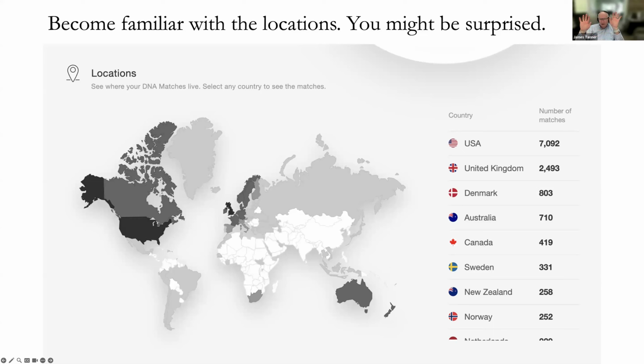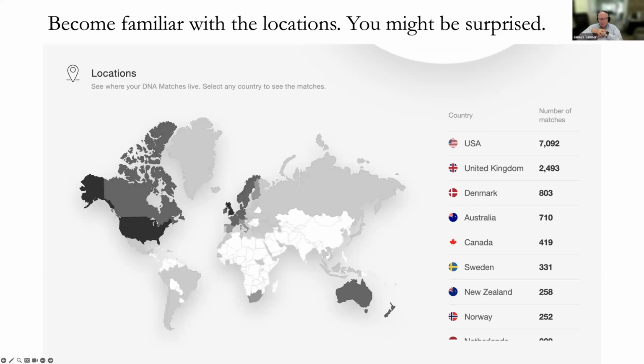In Australia, I have two lines of my family. Now, in doing research over the years, I can look at this and say, yes, I know where all those people came from, and I can see them in my family tree, but there are significant differences here. As far as I know, I have not found anyone in my family tree from Sweden.